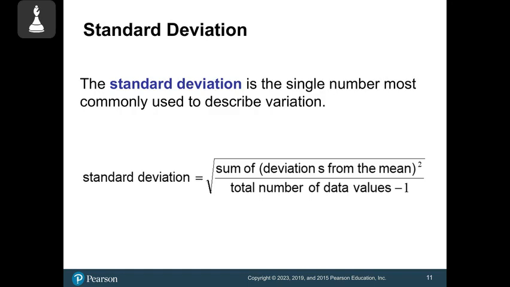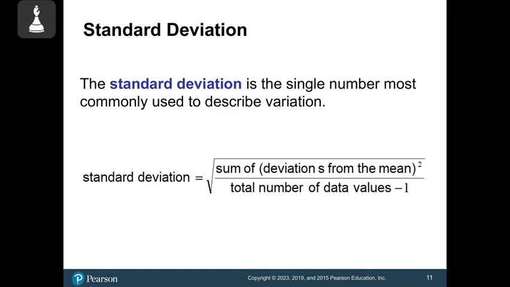But the biggest thing is it's a way to describe how spread apart your data is from the average, or that mean value. And the formula is you're going to add all of the deviations from the mean. I'll show you the steps here: square those values, then divide that by how many data values you had minus 1.